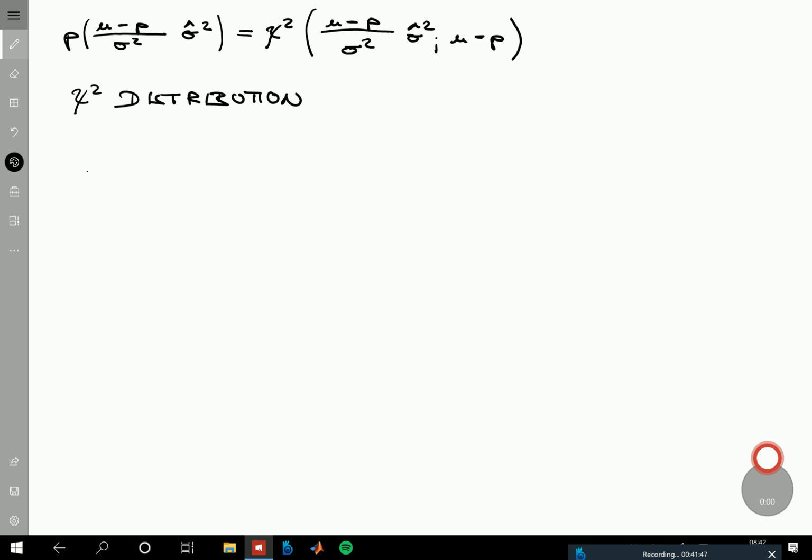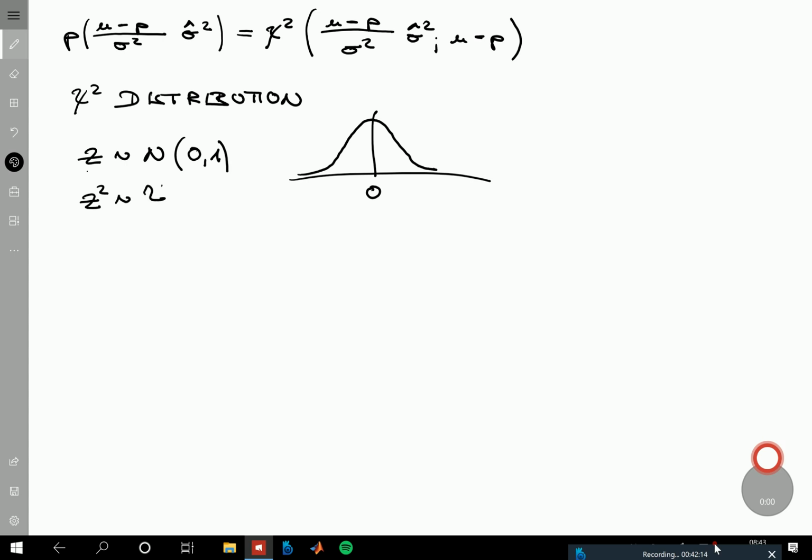So if you have z, and that z is univariate and distributed according to a standard normal distribution, so you have something like this, centered on 0. And now you look at the distribution of z squared, and then this is distributed according to a chi-squared distribution with 1 degree of freedom.